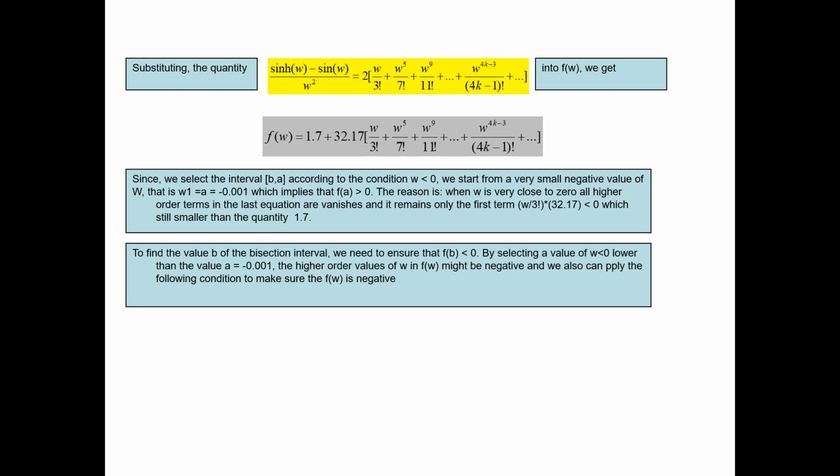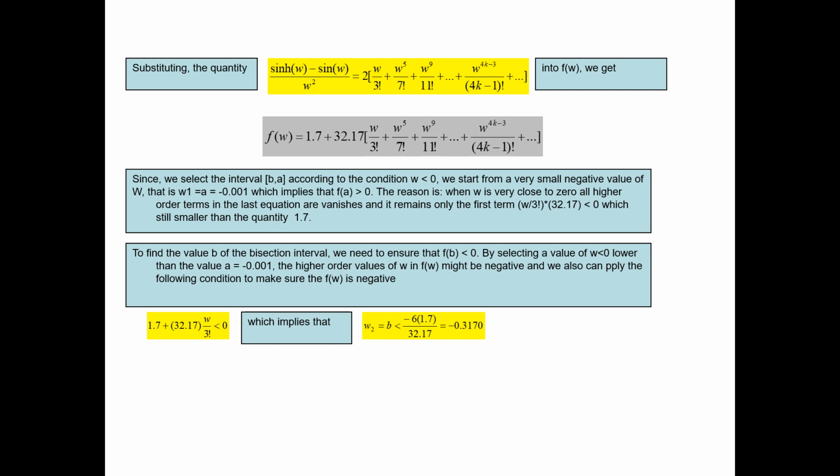So we may put the condition: 1.7, which is the first term on the right-hand side of f of w, plus 32.17 multiplied by w over factorial 3, which is the first part in the expansion inside the bracket.